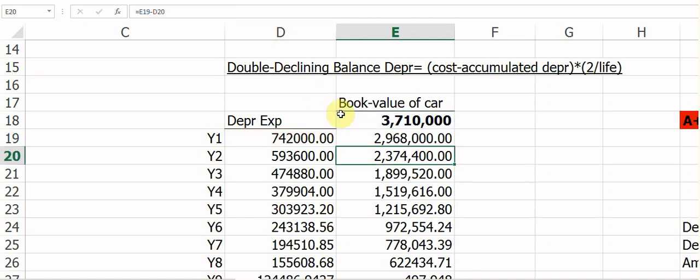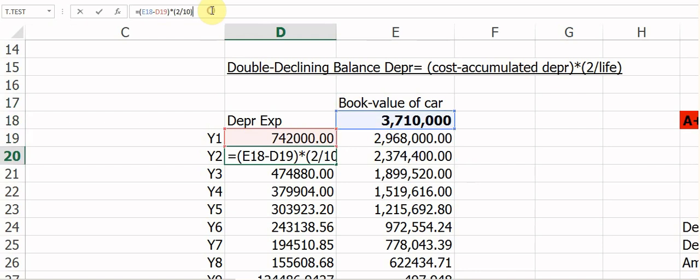So I keep a running total of book value here. Okay, now year 2, I'm going to take cost minus my total depreciations so far, which is 742, and then times 2 divided by 10. Year 3, total cost minus, I need to take my depreciation expense from year 2 and year 1, subtract them both out.